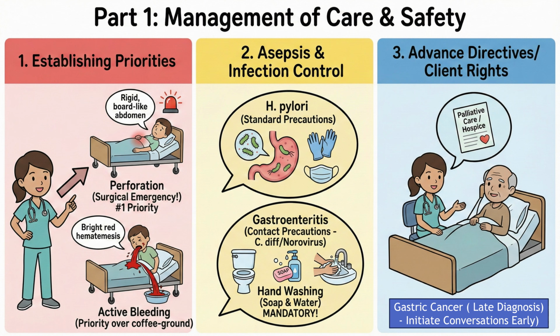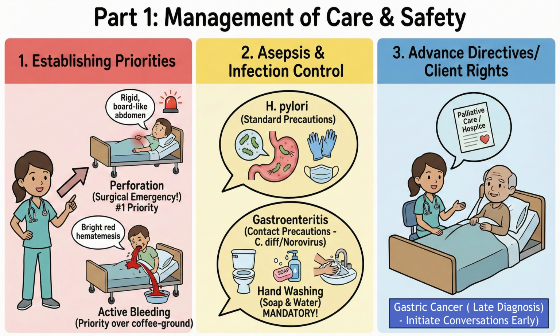So establish priorities: who do I see first? The perforation patient. If you see a patient with sudden severe epigastric pain and a rigid, board-like abdomen, this is your number one priority. This indicates perforation and peritonitis, a surgical emergency.